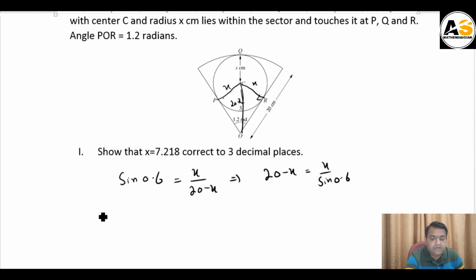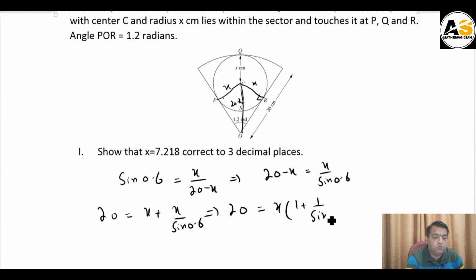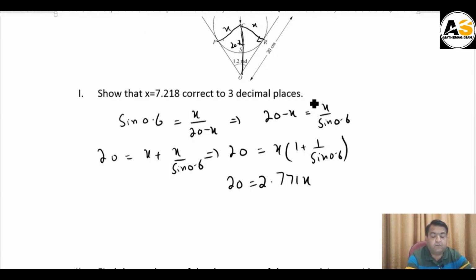I can write 20 is equal to x plus x over sine 0.6, implies 20 is equal to x into 1 plus 1 over sine 0.6, and upon calculation I will write 20 is equal to 2.771x, and from here x will be equal to 20 divided by 2.771, which is approximately equal to 7.218.